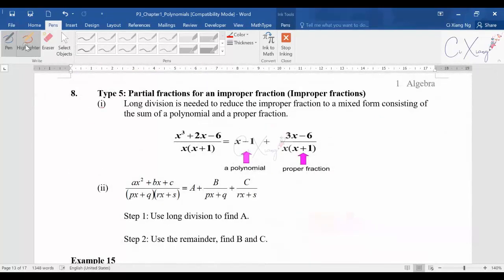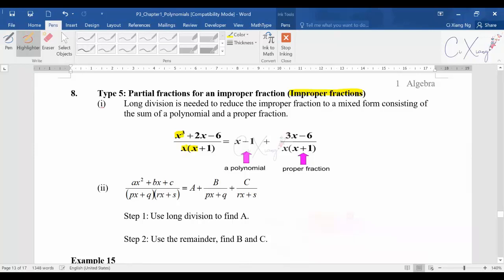For improper fraction, generally the degree on top is equal to or greater than the degree at the bottom. In this example, the numerator on top is x power 3, and at the bottom is x power 2. So the degree of the numerator is greater than the degree of the denominator.